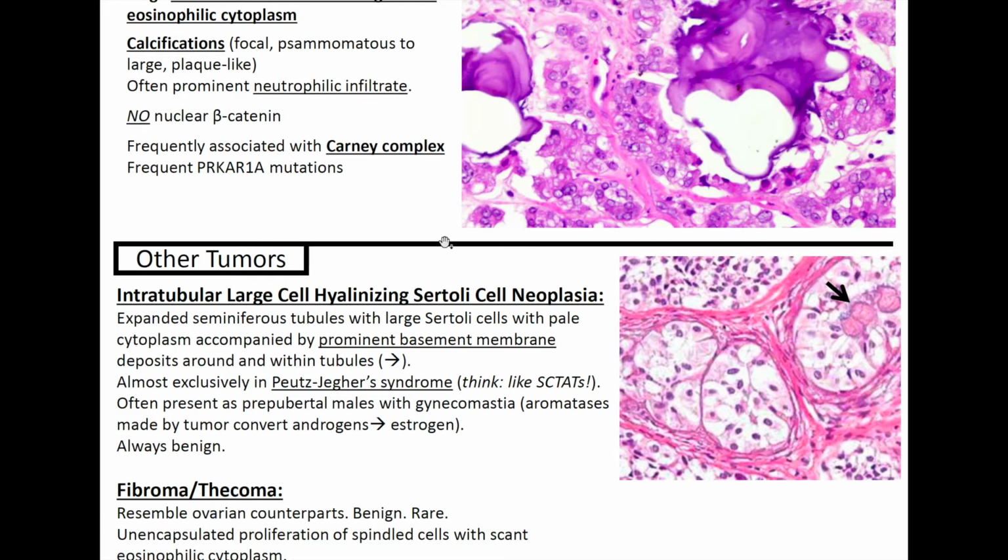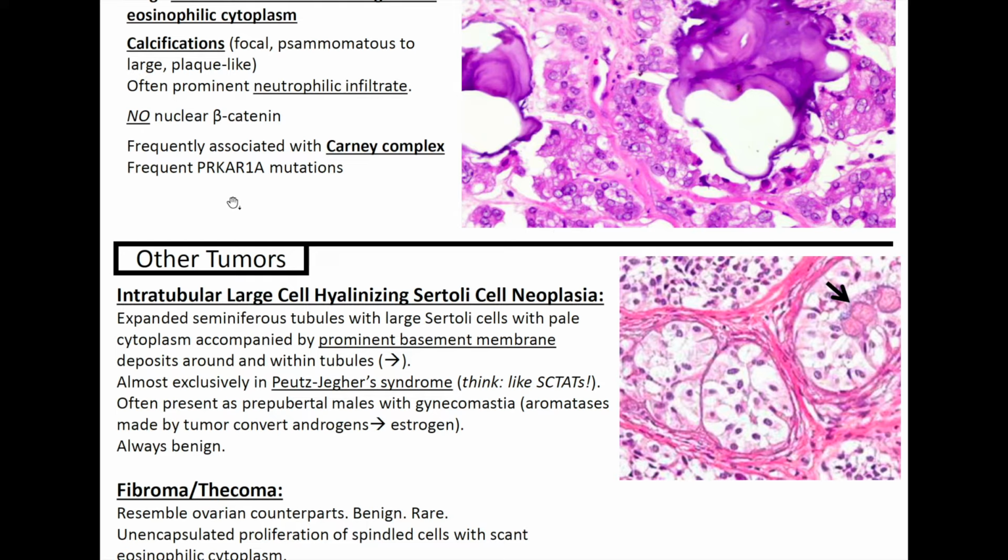Some other tumors to be aware of, you can have intratubular large cell hyalinizing Sertoli cell neoplasia, which is expanded seminiferous tubules with large Sertoli cells with pale cytoplasm, accompanied by prominent basement membrane deposits around and within the tubules.